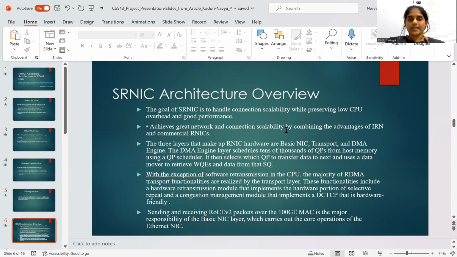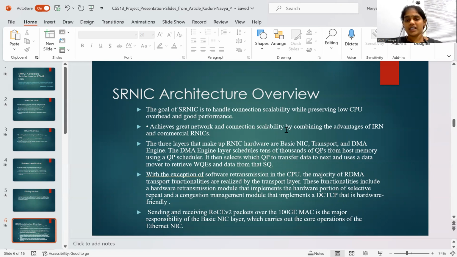Let us discuss the architecture. It has a three-layer architecture of RNIC hardware. Those are the basic NIC, transport, and the DMA engine. Let us discuss one by one. Firstly, the DMA engine.